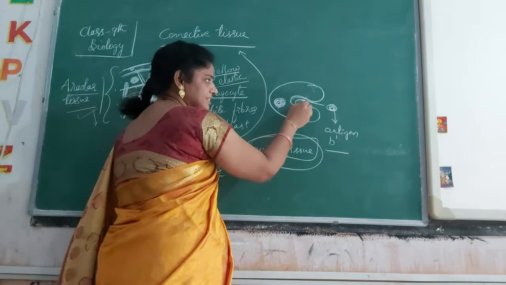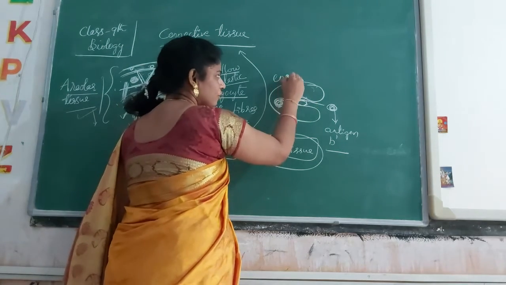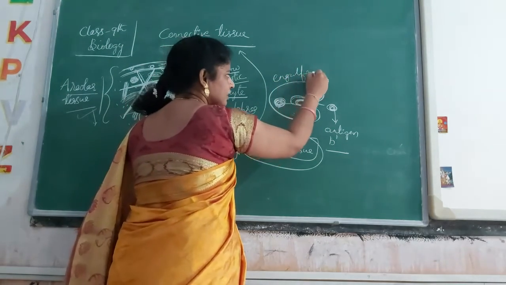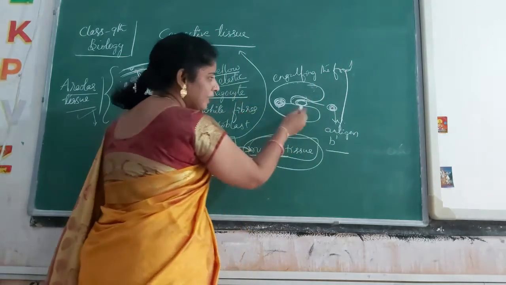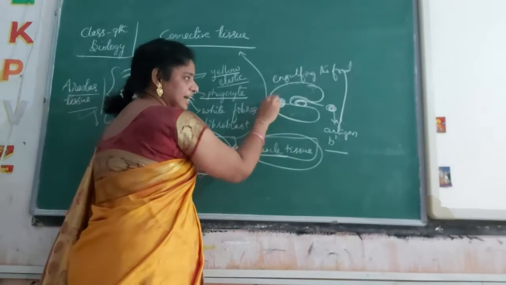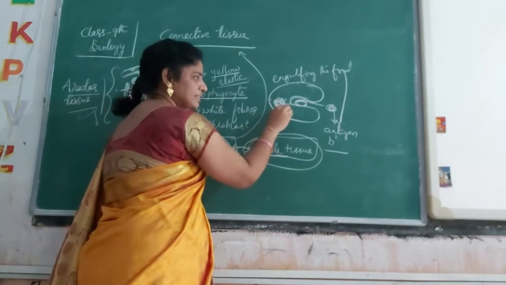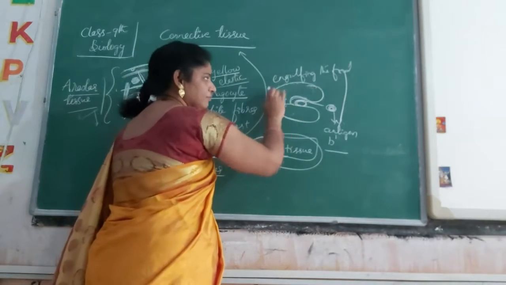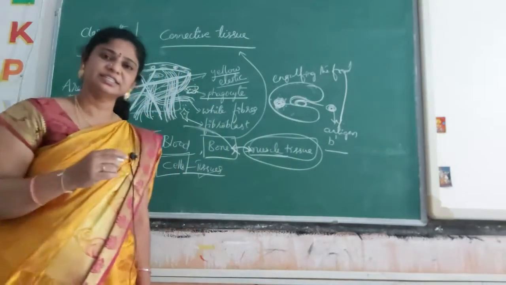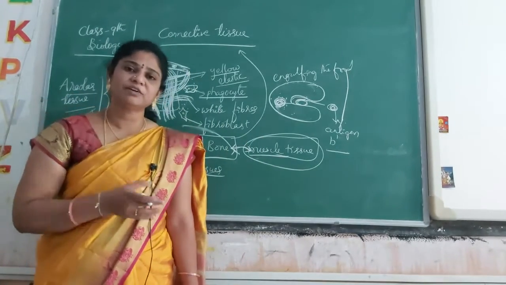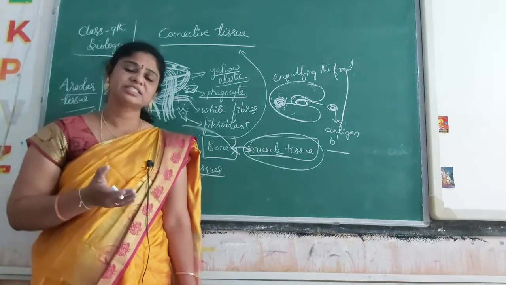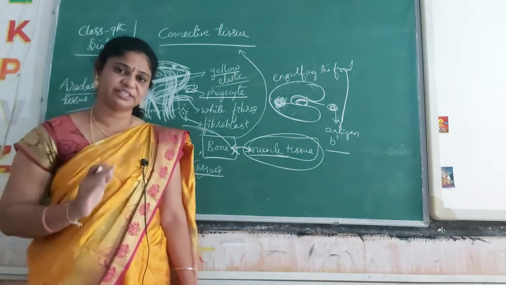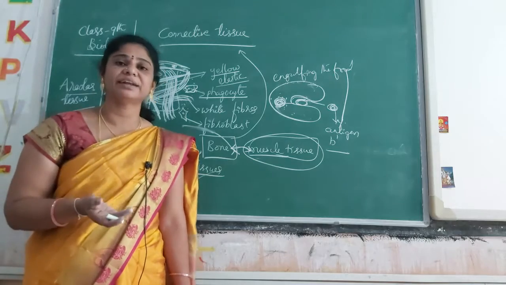This is the cell itself, engulfing the food. What happens after engulfing? It will digest it by releasing some enzymes. The main function of this phagocyte cell is engulfing, meaning taking in antigens or food material and digesting them.